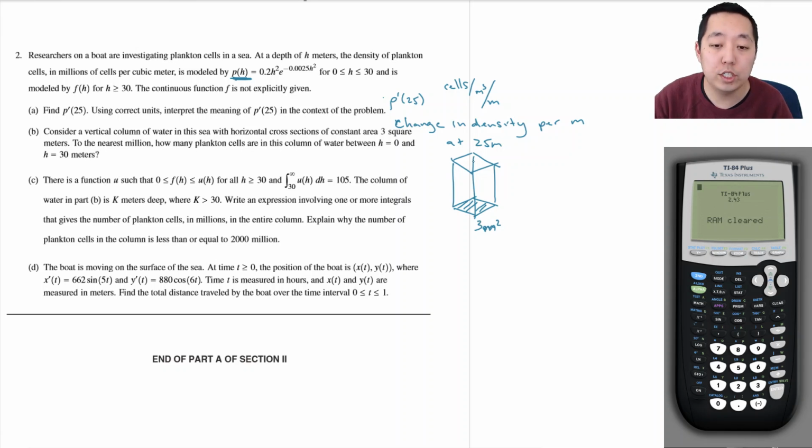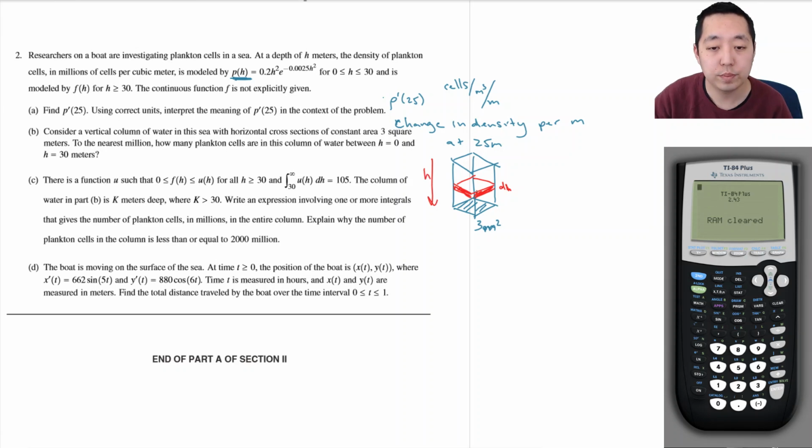Well, in general, I need to take a slice of this, a little thickness slice, and figure out how much plankton is in this little slice. So this has a height dh, because I'm going to integrate over dh. I've sliced it in the h direction, the vertical direction.